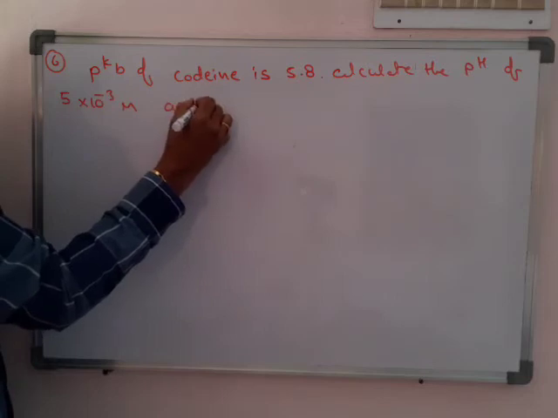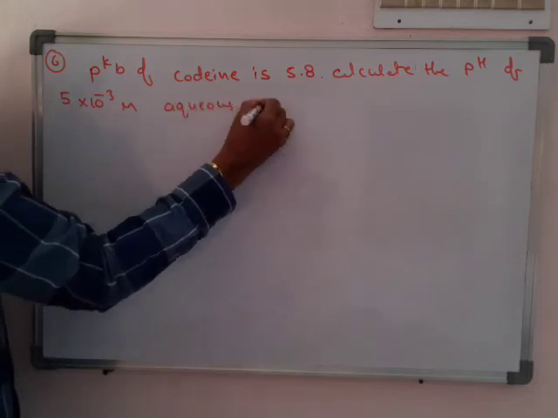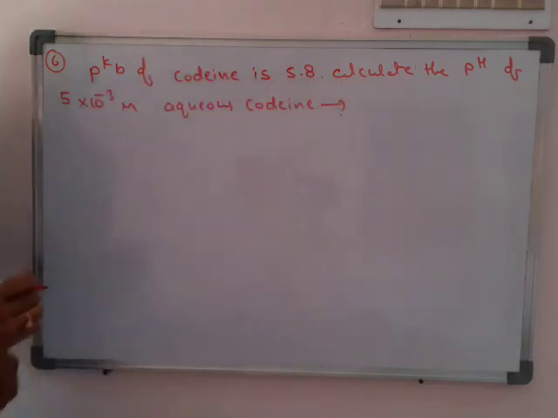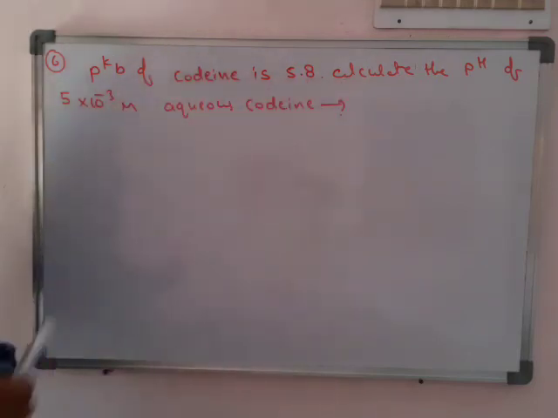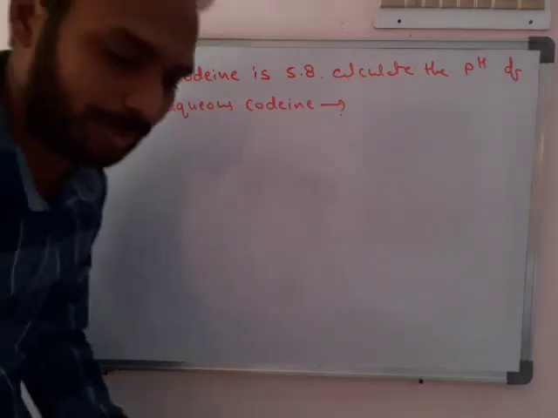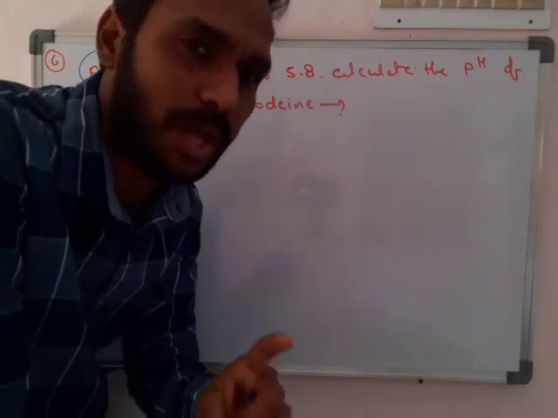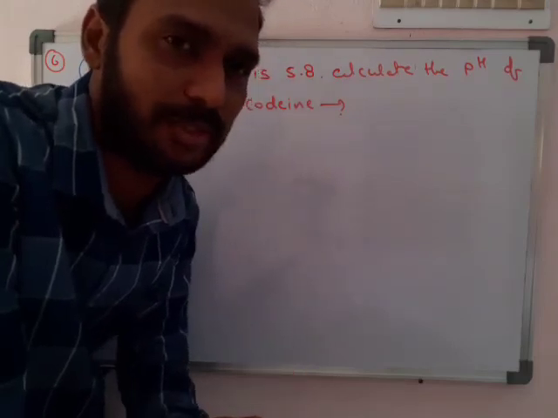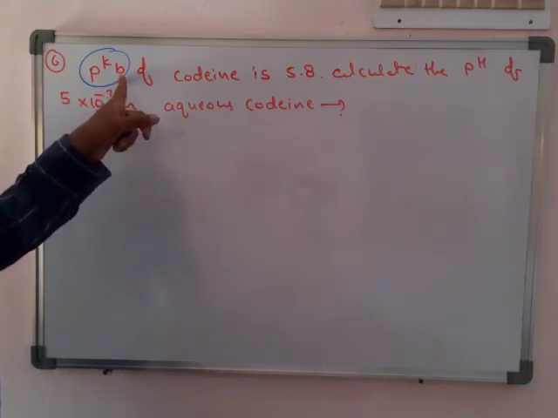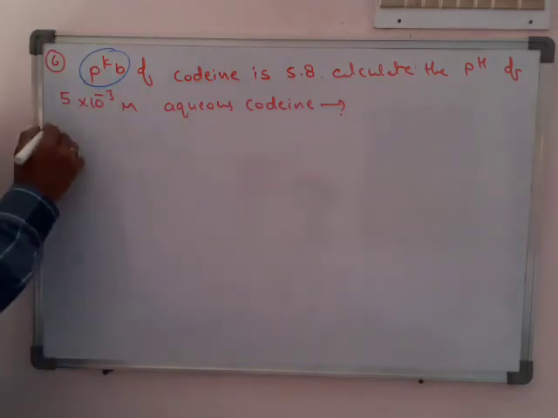Codeine, just take it as a basic solution actually. So pKb is given, so we have to find its pH value. Okay, so pKb is given means we can say it is a base.